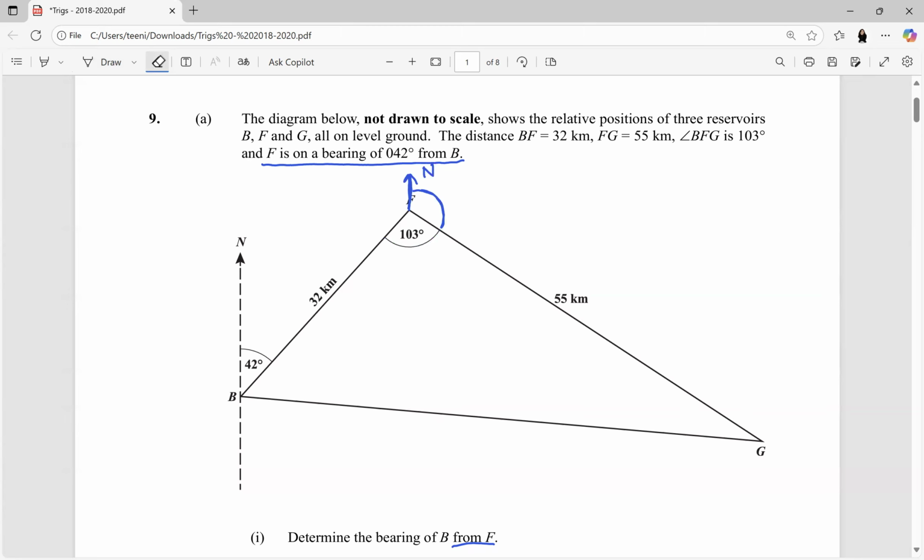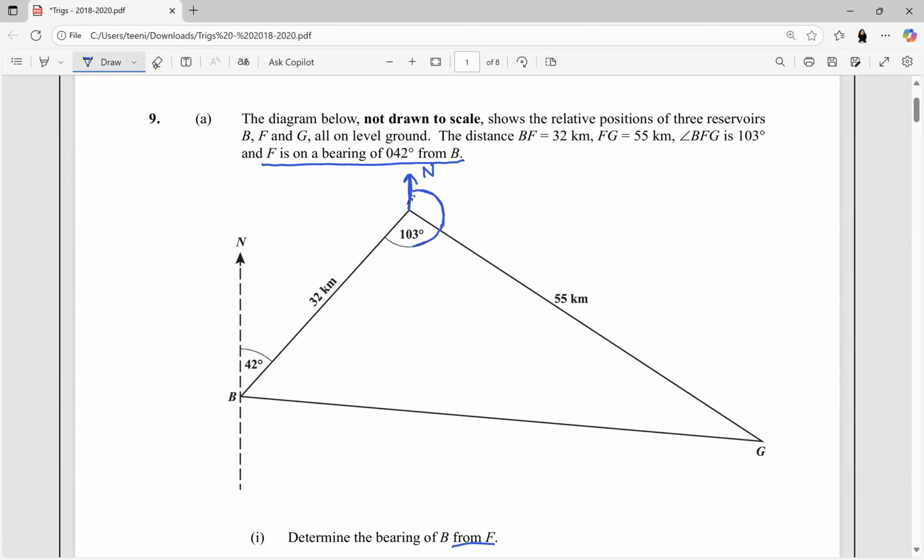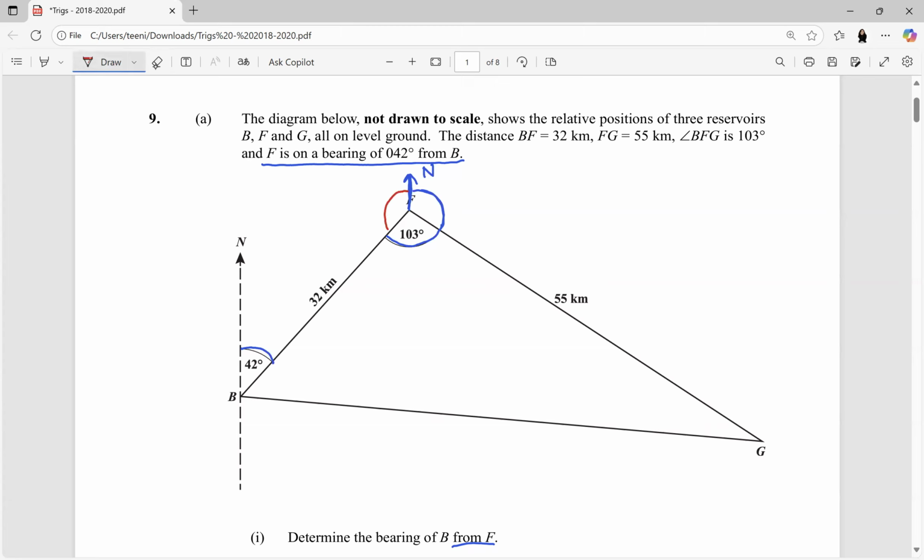And to find that angle, we'll use the principle that this north line at B and this north line at F are parallel lines. And if they're parallel, it means that these interior angles, this 42 degrees and this one over here, which I'm using a different color for, are supplementary, meaning that they add up to 180 degrees.